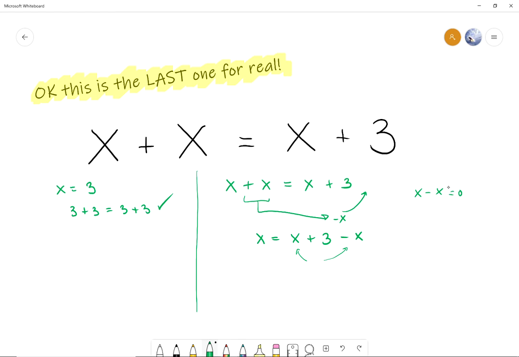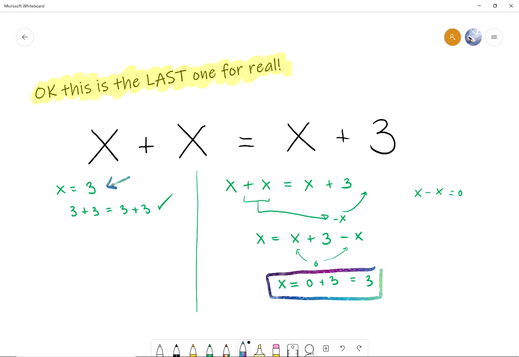So no matter what x is, it's a number, so itself minus itself has got to be 0. So what I get is that x equals 0 plus 3, and that is 3. And that gives me the solution that you found over here, right?